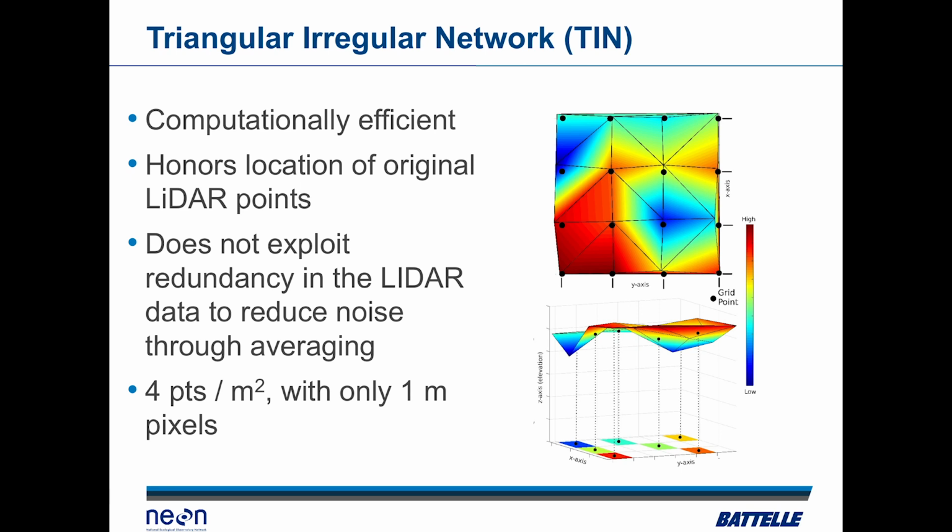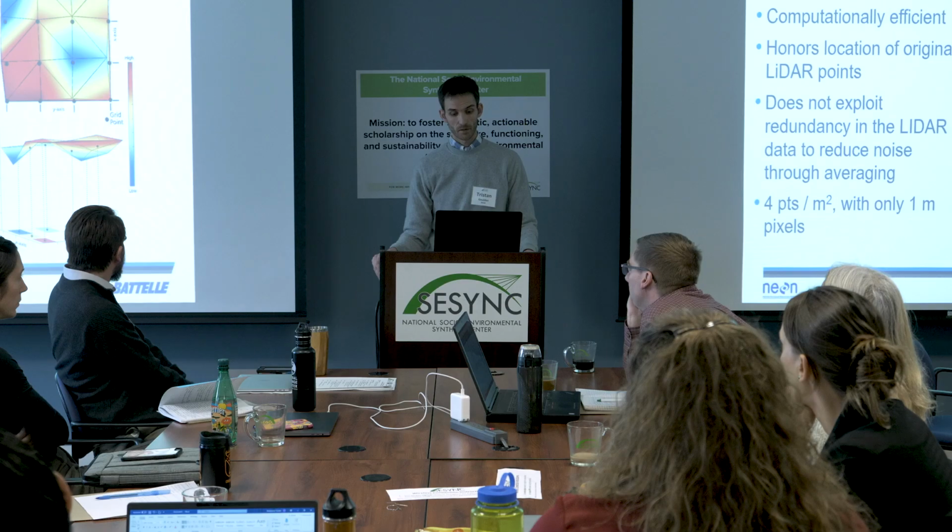A little bit more detail on the TIN algorithm. We use it because it's computationally efficient. And basically what happens is that you create a series of triangles that connect all of the individual LiDAR points, and then you overlap your grid cell location on top of that triangulated surface and pull out the elevation off of that triangulated surface and then assign that to the grid cell.